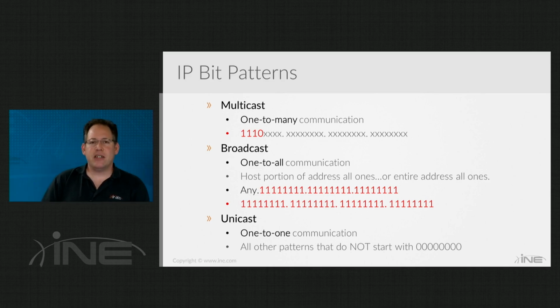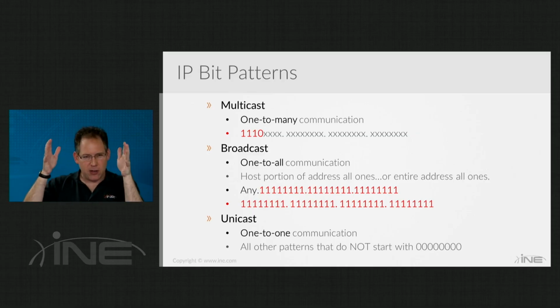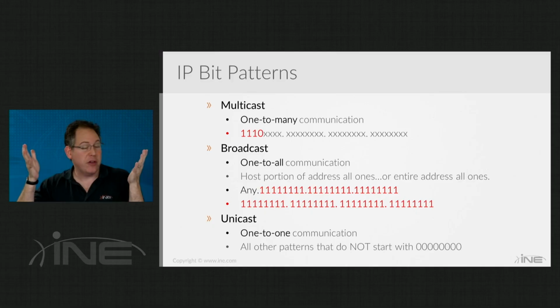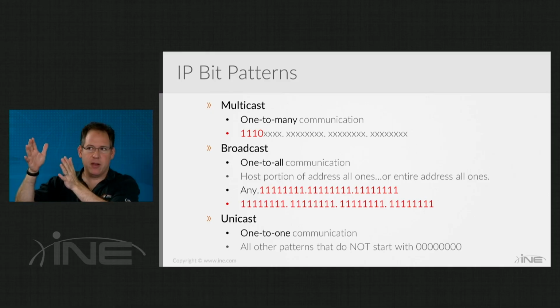So the designers of IP said, okay, let's take this 32-bit number and look at it a little bit differently. How can we look at that 32-bit number and somehow come up with more than 254 networks? Well, instead of just looking at the first 8 bits for the network, why don't we look at more than that?